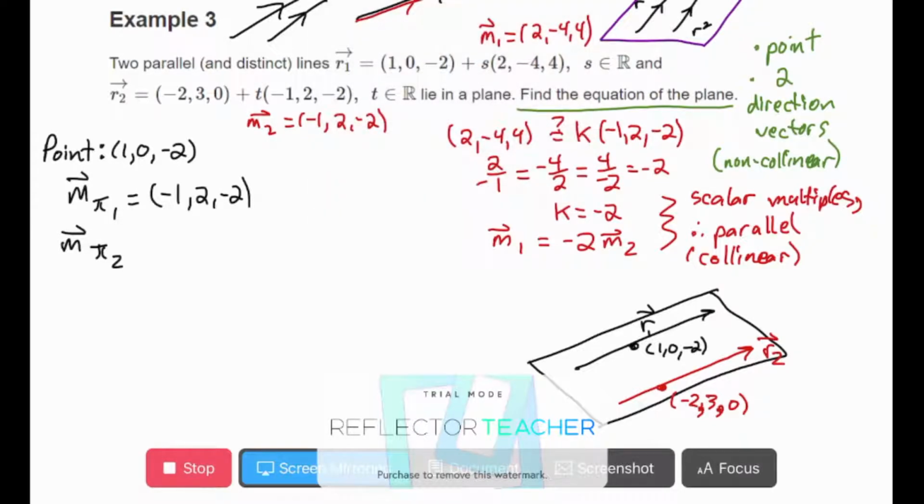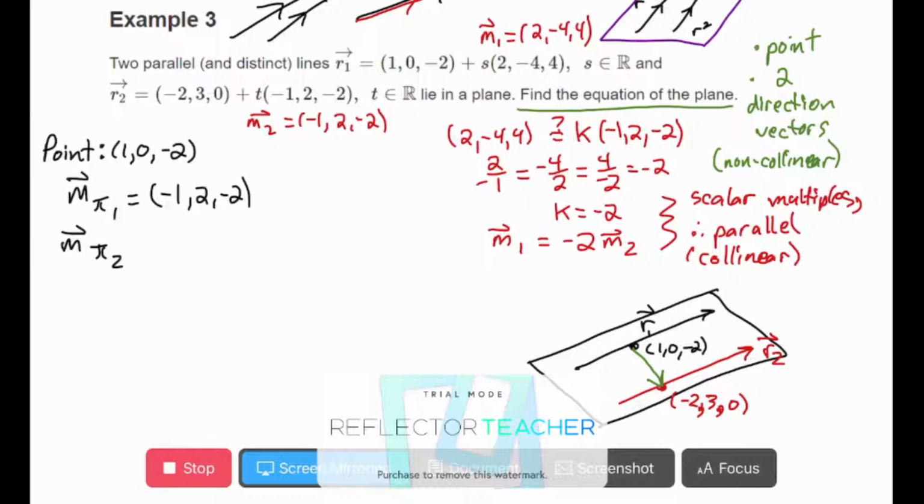So if I find a vector going from this point to the other, that vector must lie in the plane. And we can see right away that vector is not collinear, is not going in the same direction as my previous direction vectors. So I can use that as the basis for my second direction vector, my non-collinear, non-parallel direction vector.